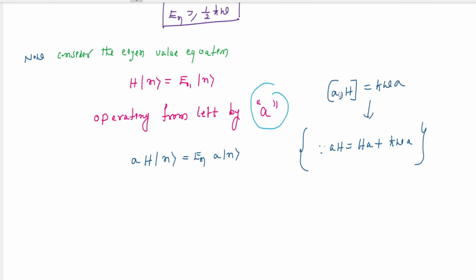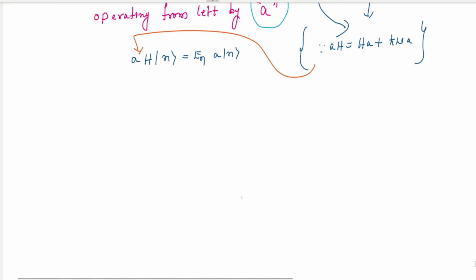From this equation we can get AH. Then we can express this as AH minus HA equal to h cross omega A. Then easily you can get this. So I'm going to use this AH here: HA plus h cross omega A, right, into n equals En A n.